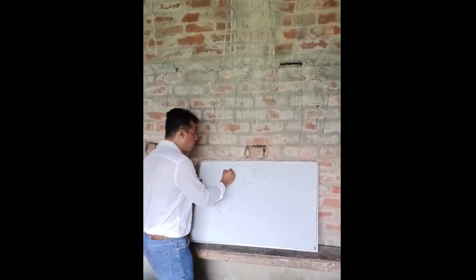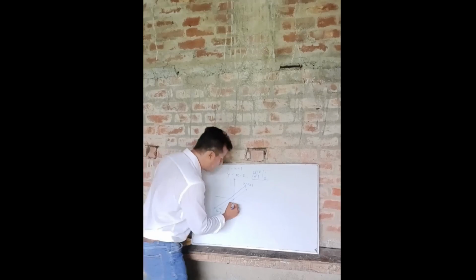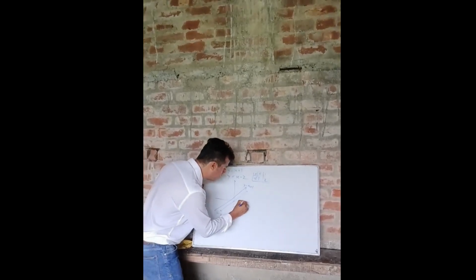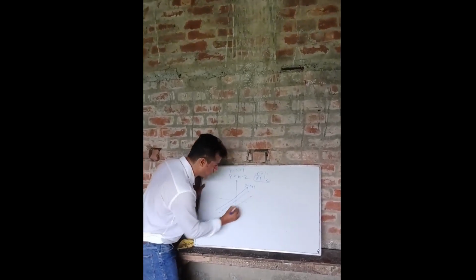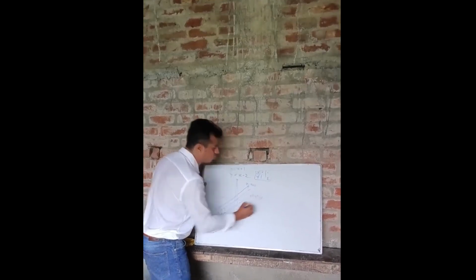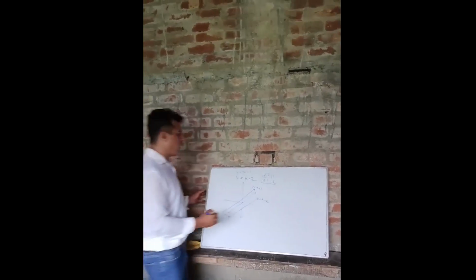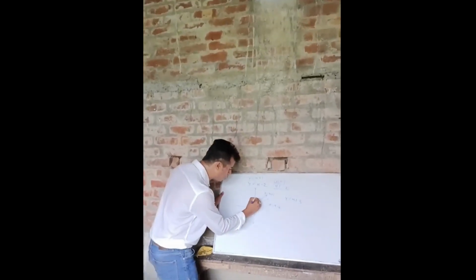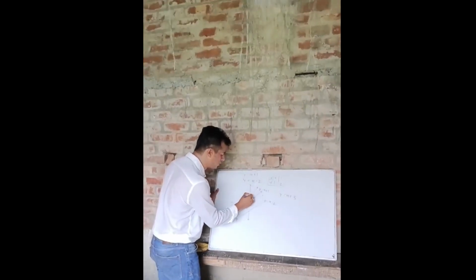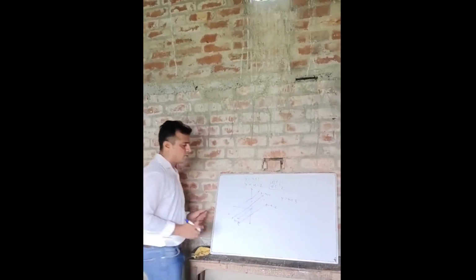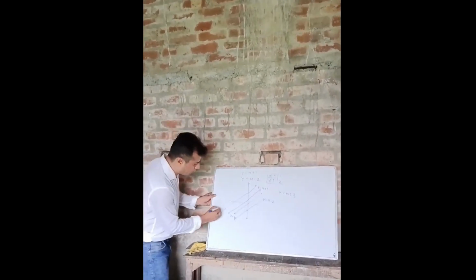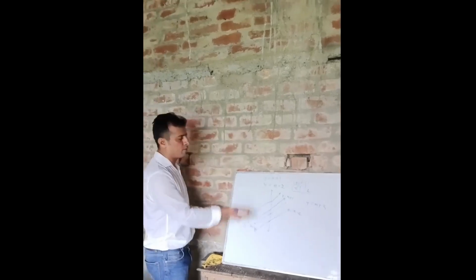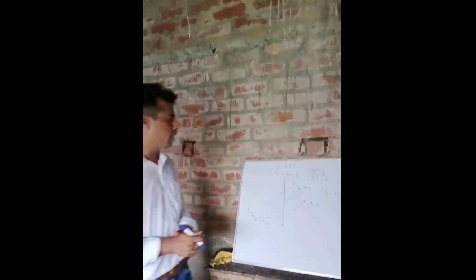If we have y equals x minus 2, that will be 2 units downwards. This is y equals x minus 2. If we have y equals x plus 3, so this is 1, 2, 3, 3 units upwards. The same graph, parallel. For y equals x plus 5, it is 2 units more upwards.